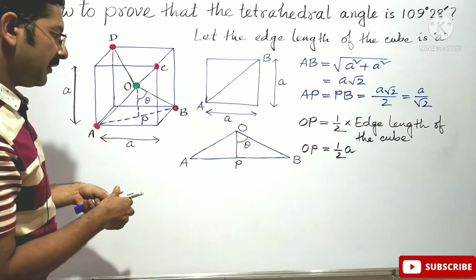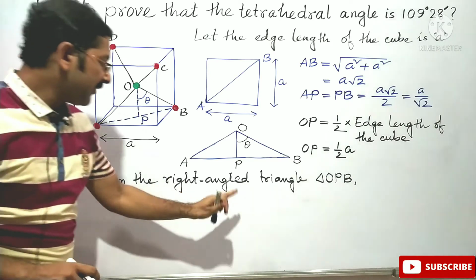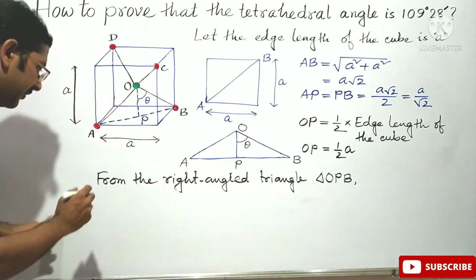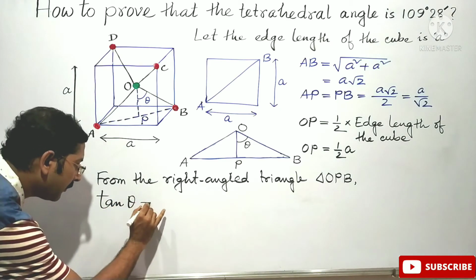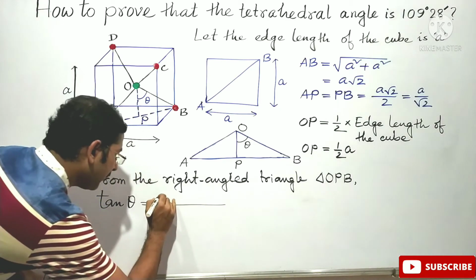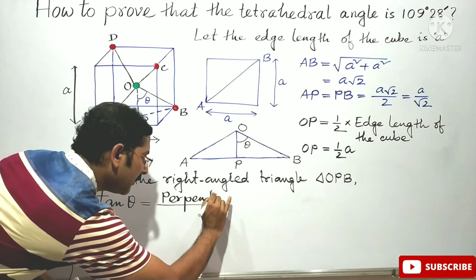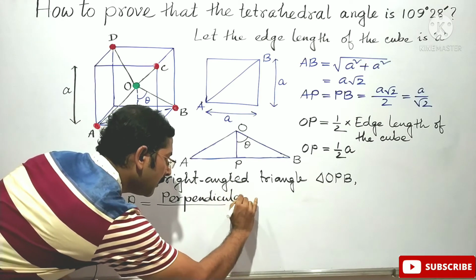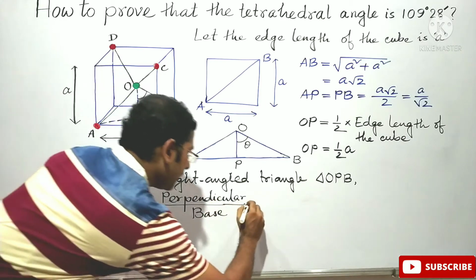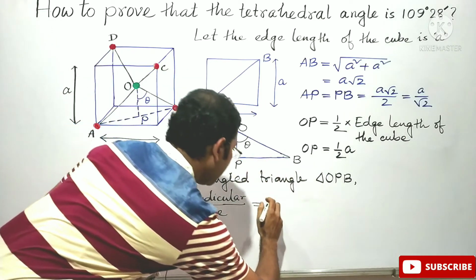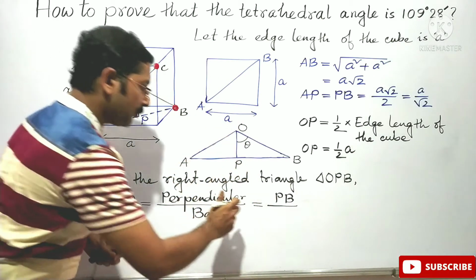So from the right angle triangle OPB, we can write tan theta equal to perpendicular by base. Here the perpendicular is PB and here the base is OP.